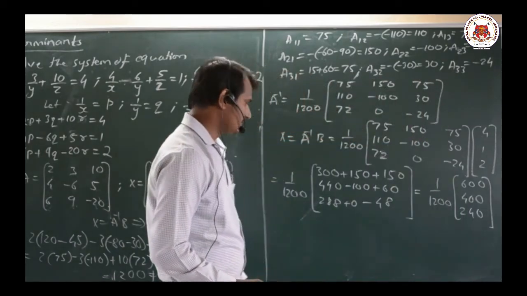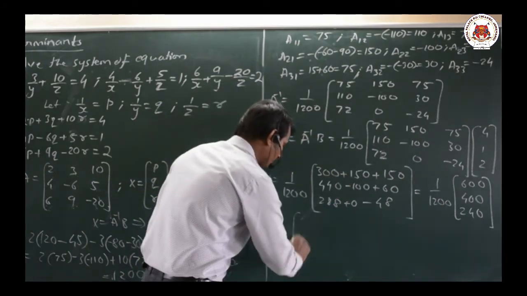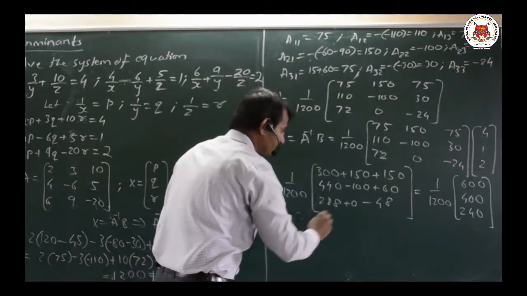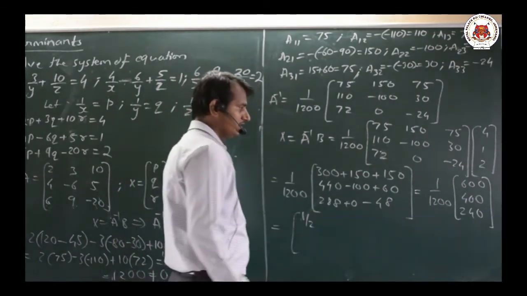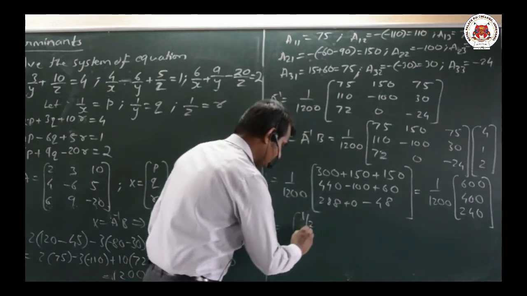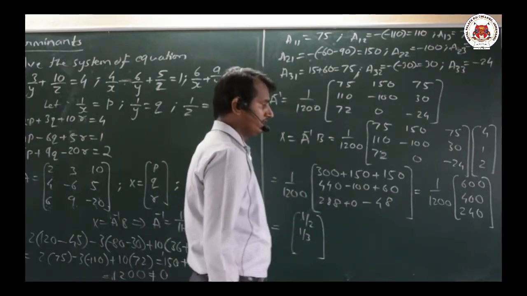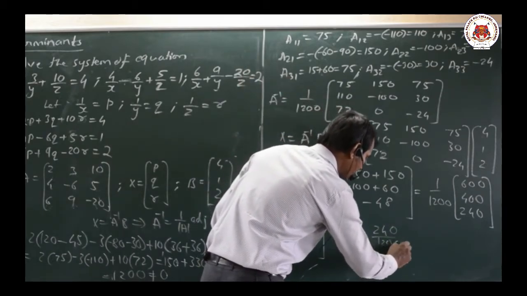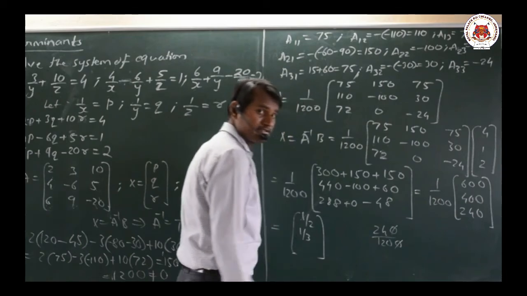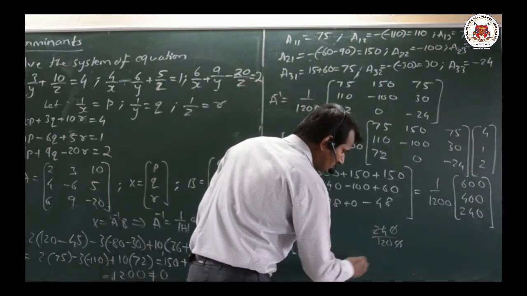So what values we get here, which is equal to, I will divide it. So what we get here, 600 divided by 1200, 1 by 2. Okay, next one is 400 divided by 1200, that is 1 by 3. Okay, 1 by 3. Next one is 240. Okay, 240 divided by 1200, here 0 0 get cancelled. So what we get here, 24.